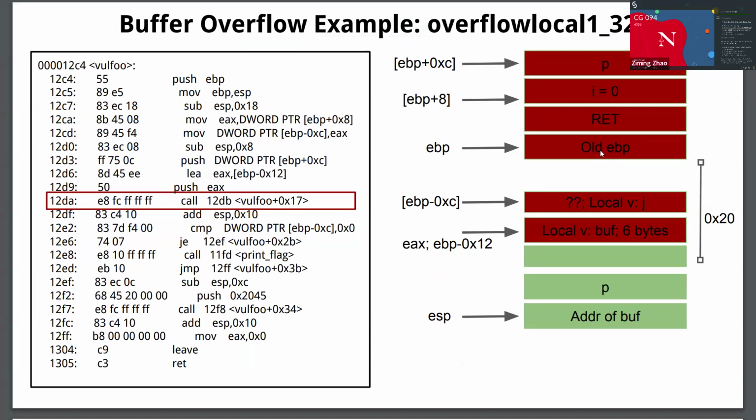Because saved EBP is also a data pointer. It points to a data structure, technically the previous function's stack frame. But in that data structure, there is a return address, a code address, right? So also here we have another return address. So we have put garbage values here.